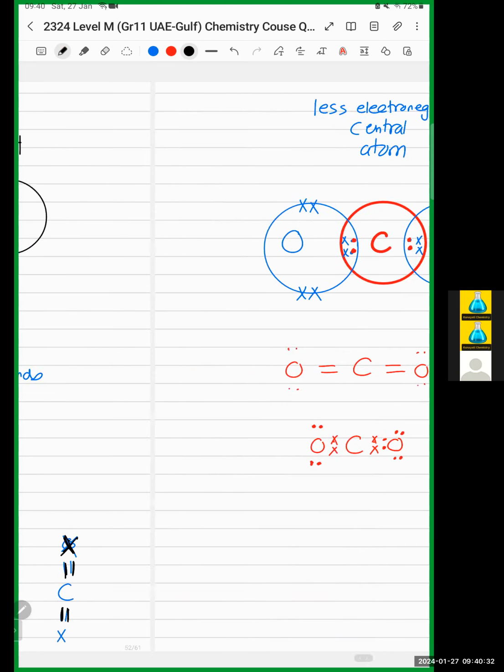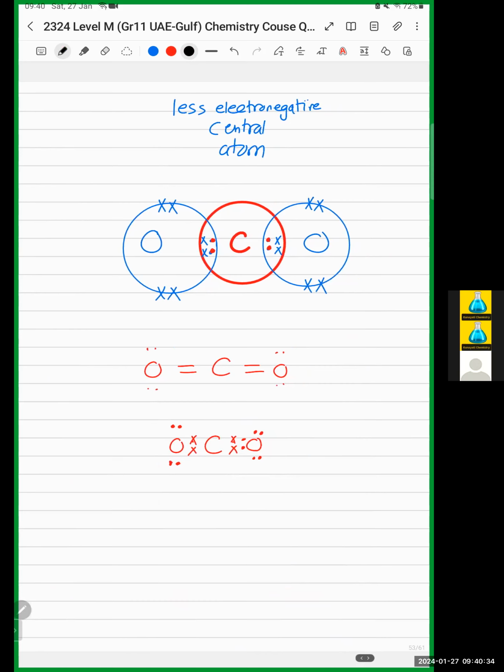So CO2, you put the C at the center, the oxygen is on the 2 sides. Why don't you put oxygen in the center? Because if you put oxygen in the center like that, then the carbon will not have enough bonds. It cannot make 4 bonds here, because if it makes 4 bonds, then oxygen has 5 bonds. So it can make only 1 bond, because oxygen already has 1 bond here, so it has its maximum of 2 bonds, and there are no more atoms to bond the carbon with.